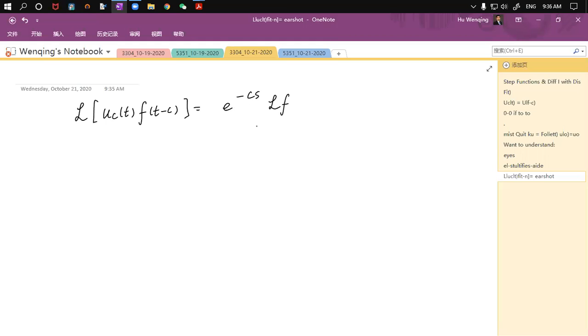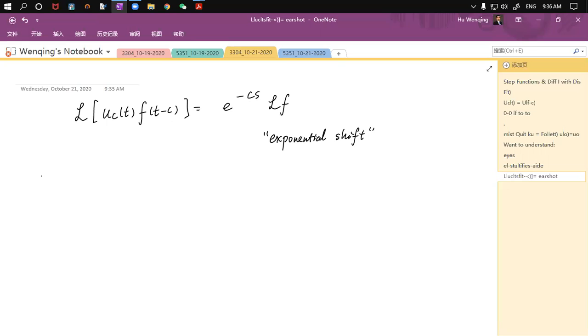But this shift, sometimes we call it the exponential shift. By exponential shift, it means that you just multiply by e to the minus c multiplied by s. So that's an exponential factor applied to the function. Is that good for everybody? So that's going to be an exponential shift.